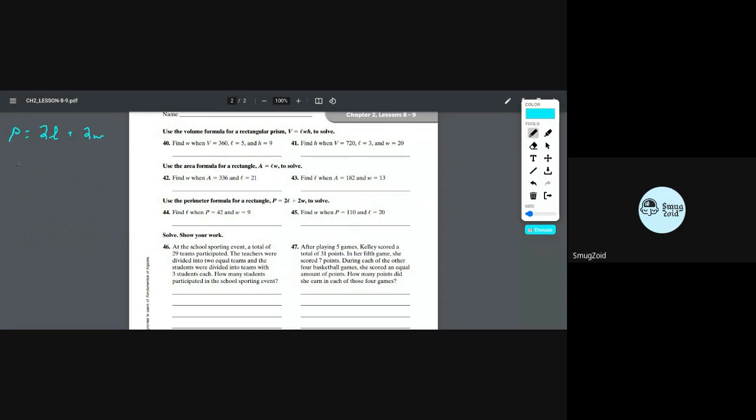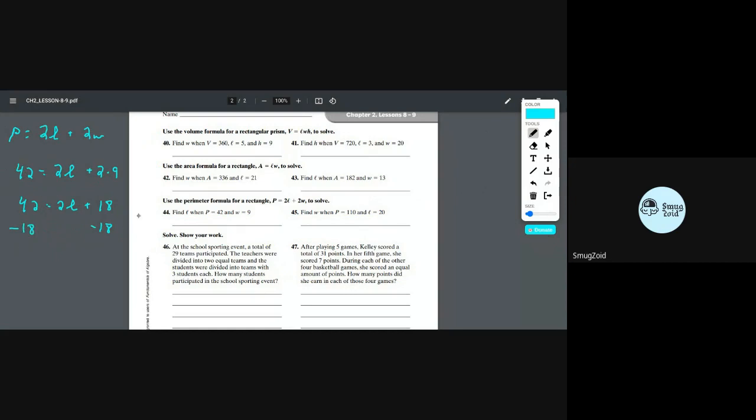So my perimeter equals 42. I don't know what my L is, so I put 2L, and then I add it to 2 times W, which would be 9. So 42 equals 2L plus 18. Minus 18, minus 18.